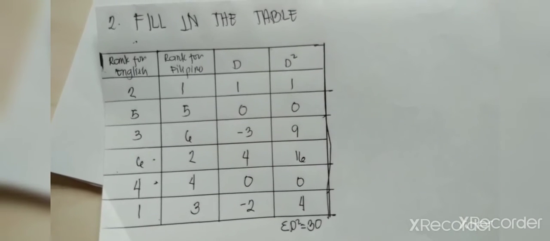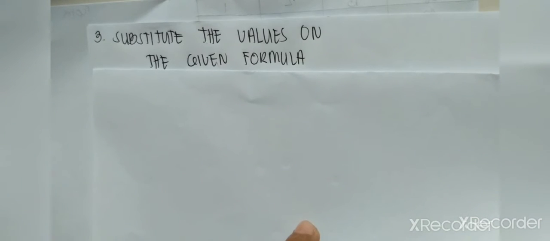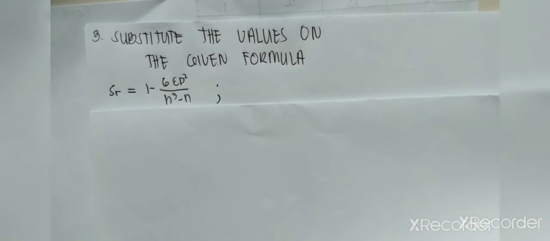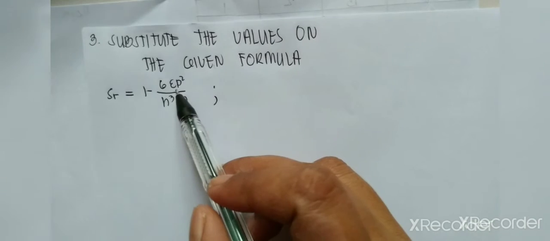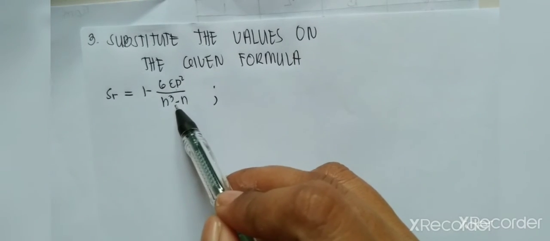Next is step number 3, which is to substitute the values in the given formula. The formula is r sub s is equal to 1 minus 6 times the summation of d squared over n cubed minus n.